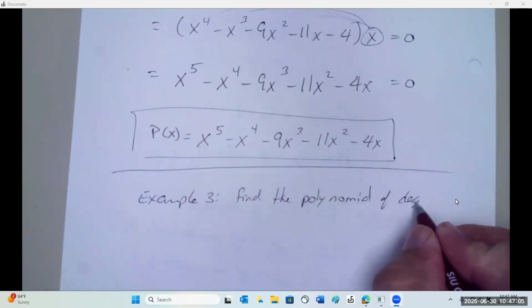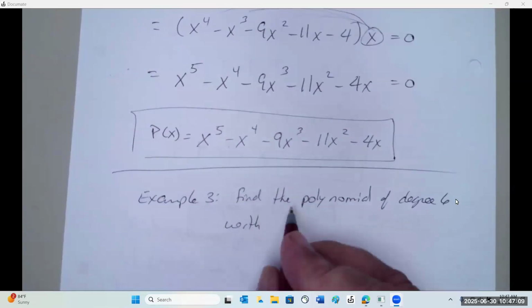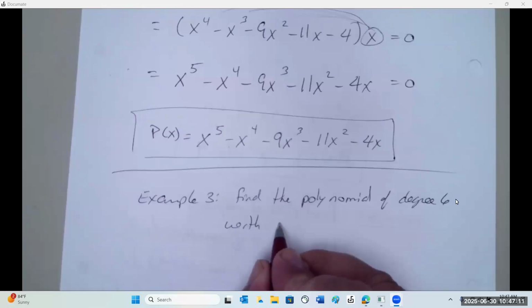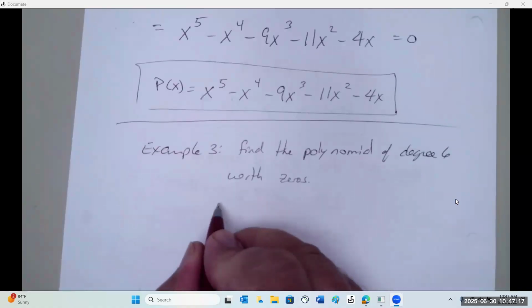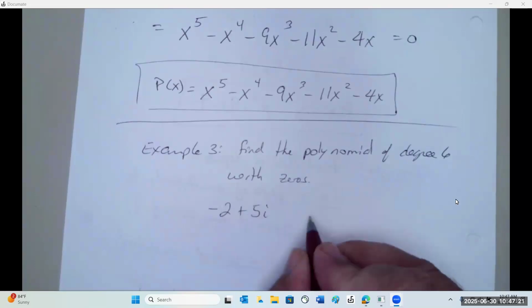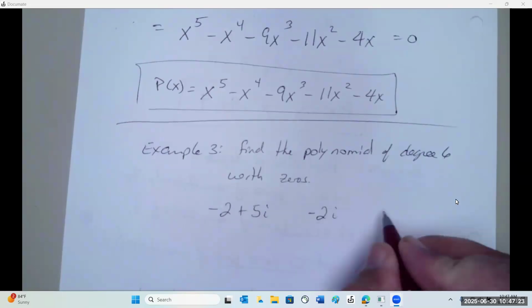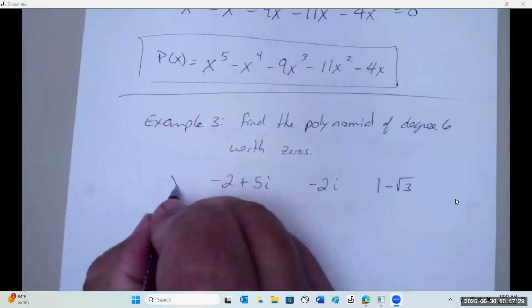Find the polynomial of degree 6 with zeros -2 plus 5i, -2i, and 1 minus radical 3. These are my zeros.